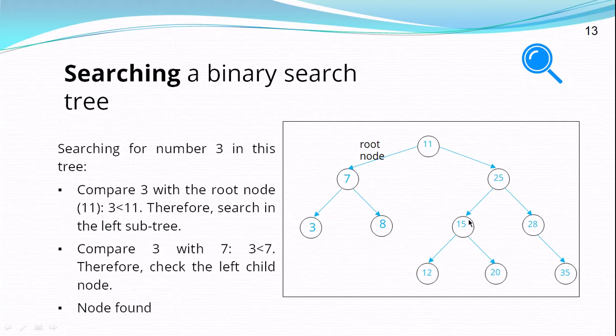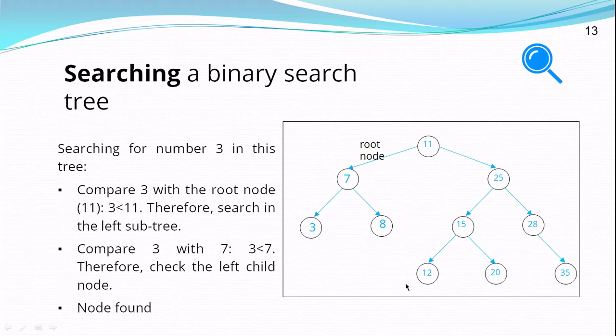And of course, 15 might not have existed, and it wouldn't have existed if this was actually the number 16, because I'd search here, is 15 equal to or less than 16? Well, it's less than. And the only node I've got here is the node containing the value 20.